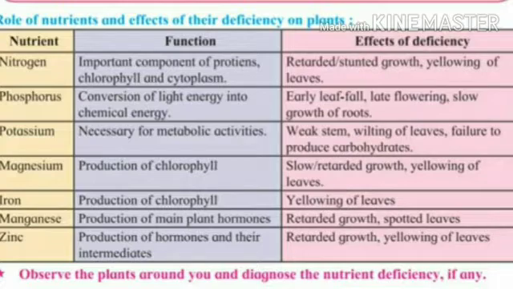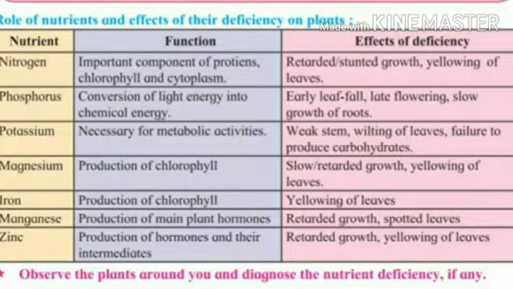Nutrient: potassium. Function is necessary for metabolic activity. Effects of deficiency are weak stem, wilting and falling of leaves, and failure to produce carbohydrates. Nutrient: magnesium.